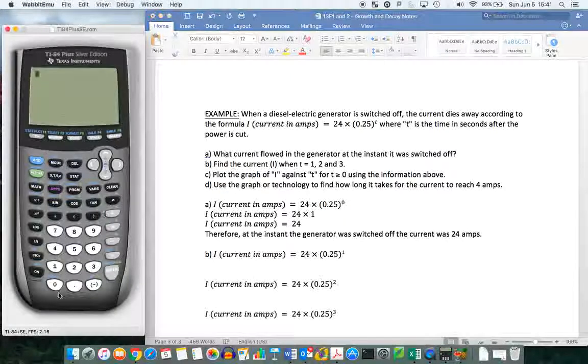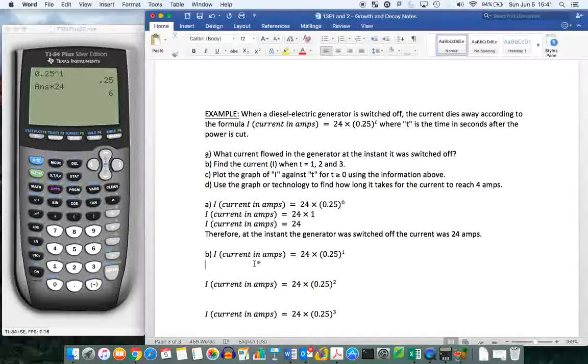So using this, 0.25 to the power of 1 times by 24 is going to be 6. At 1 second, current will be 6 amps.